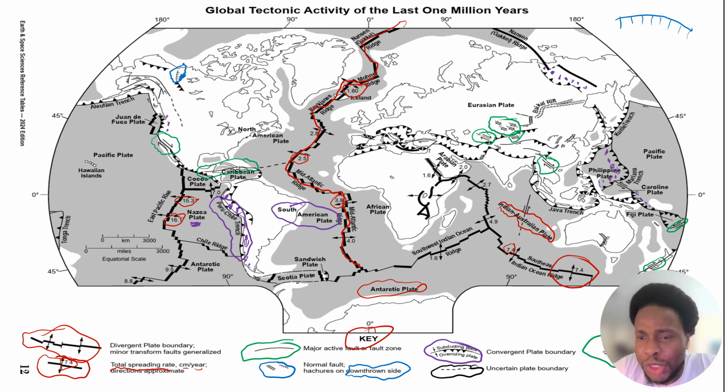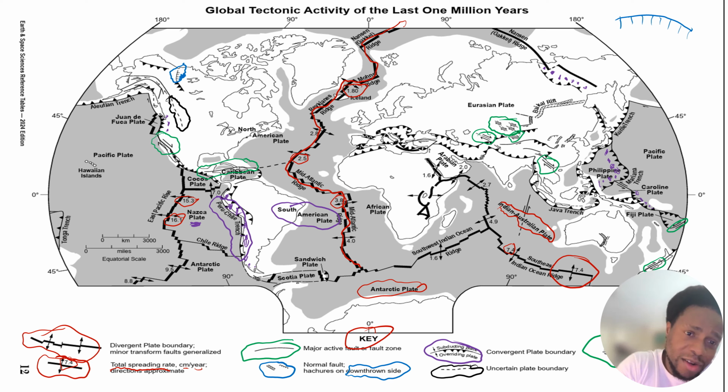So you're going to find complex plate boundaries somewhere around this area of North America, and the uncertain plate boundary is represented by a broken line.